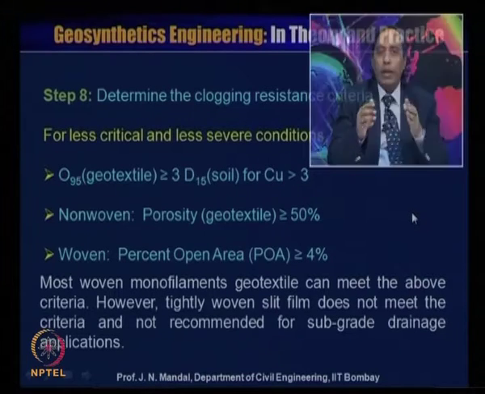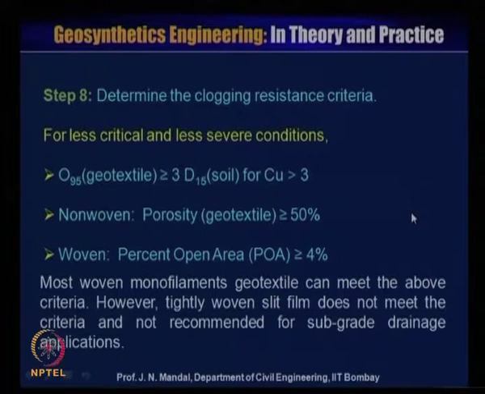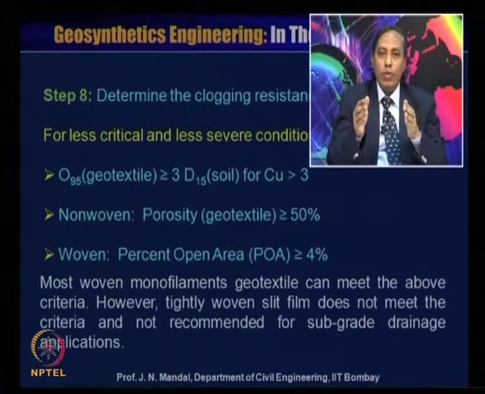Now, step 8, determine the clogging resistance criteria. For less critical, less severe condition, O95 of geotextile should be greater than or equal to 3 D15 of soil for Cu greater than 3. If it is a non-woven, then porosity of geotextile will be greater than or equal to 50%.